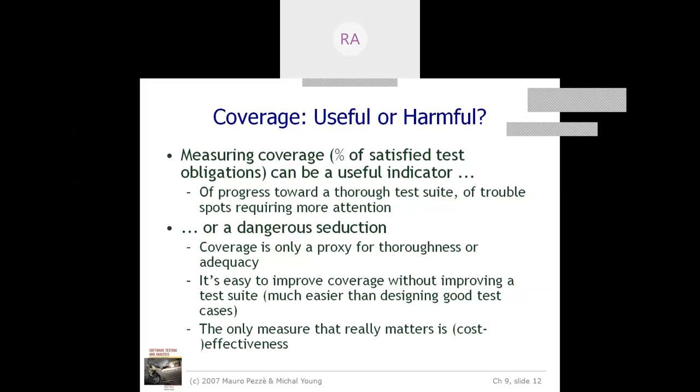And it is very easy to improve the coverage without improving the test suite. Once you measure the coverage, it is very easy to enhance the coverage without improving the test suite. That is about the coverage, how useful and harmful it is.